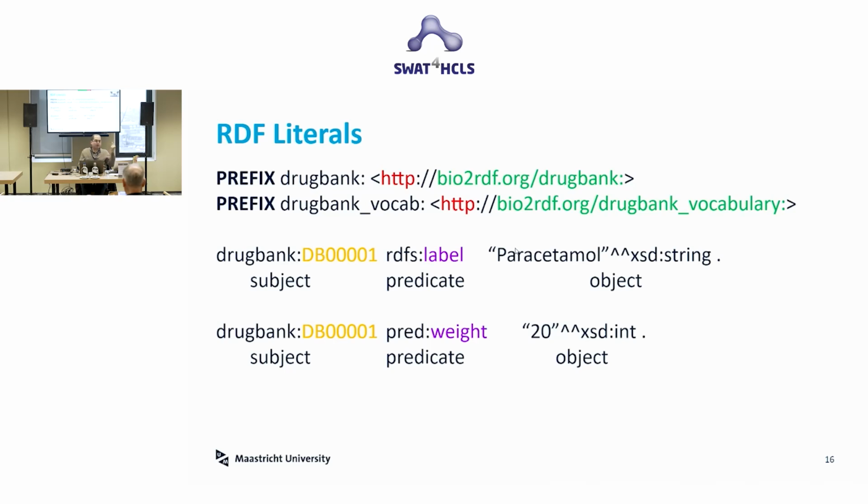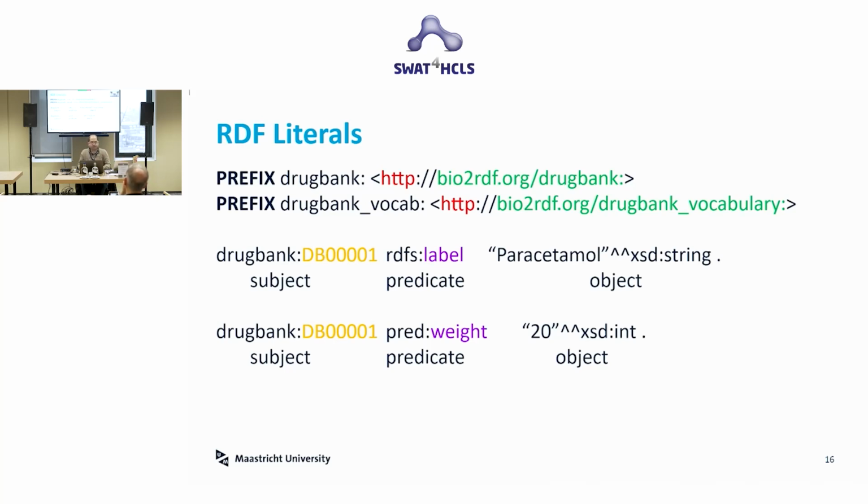So with one triple, we only knew that that resource, that URI, was a drug. It's a member of the class drug, but we didn't know which drug. We added another triple to the graph saying that the same resource is labeled as paracetamol. So now with two statements, we know that the resource is a drug and it's called paracetamol at the same time.